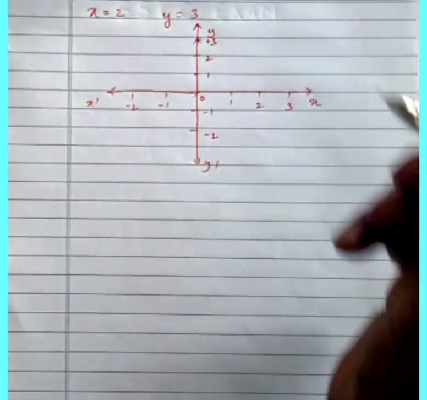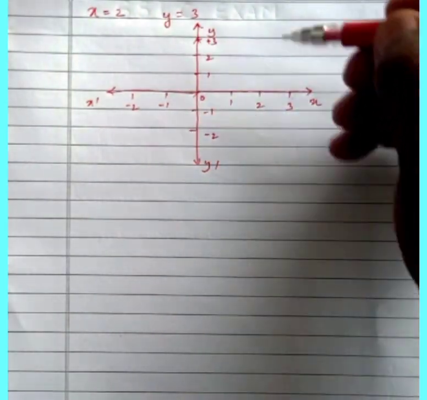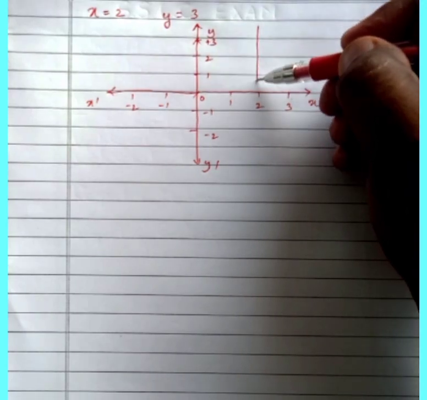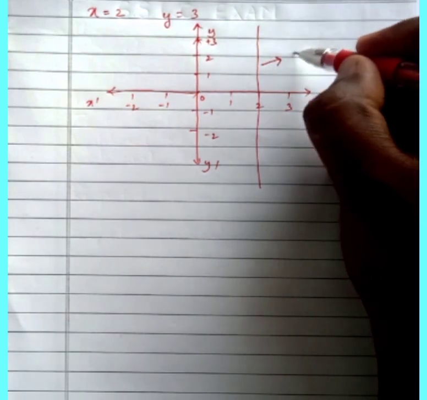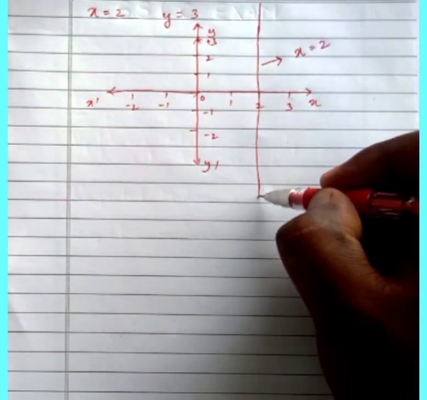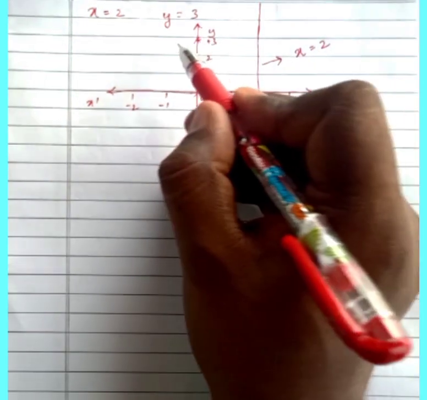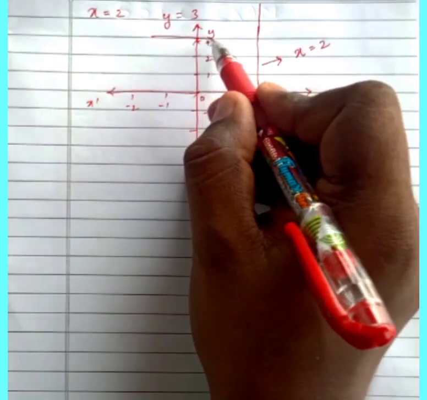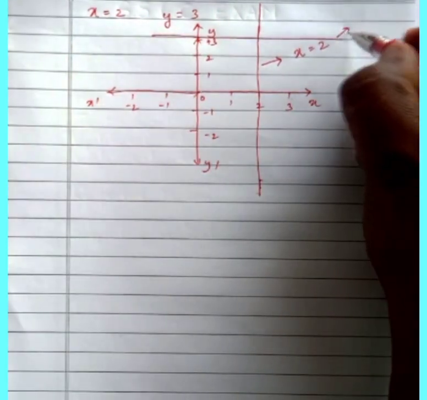Now x equals 2 on the x axis, draw a straight line passing through coordinate 2, because for any value of y we get x equals 2. In the same way, for any value of x we get y equals 3.